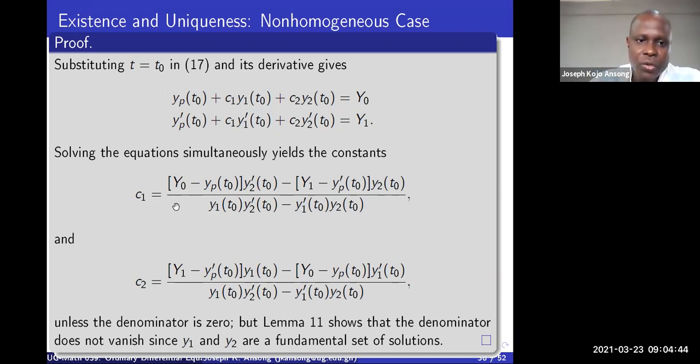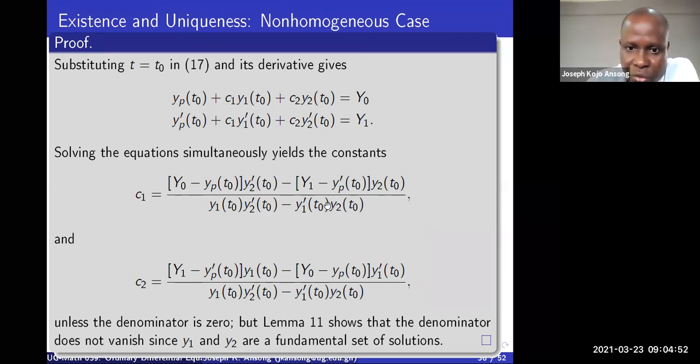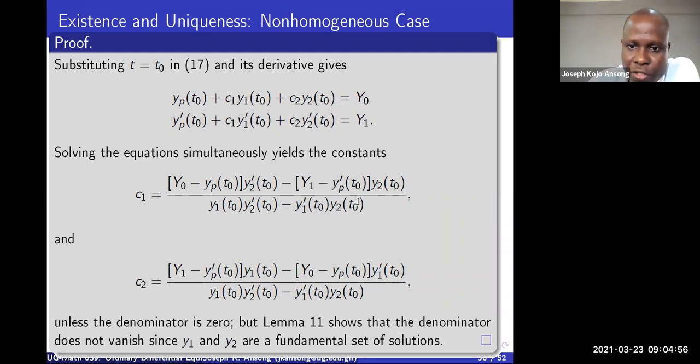So these C1 and C2 are fine as long as the denominator doesn't vanish, as long as this expression here does not go to 0. But we know that expression will not go to 0 because y1 and y2 are linearly independent solutions of the homogeneous equation.